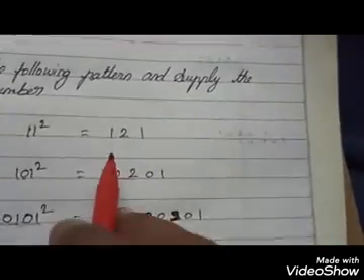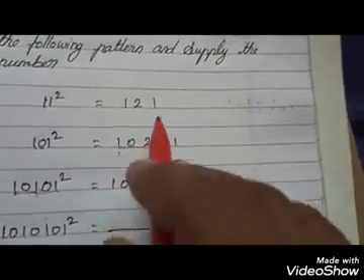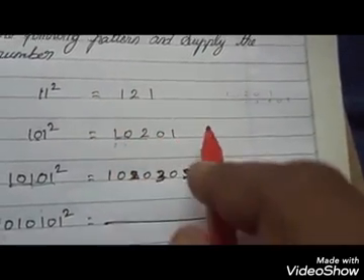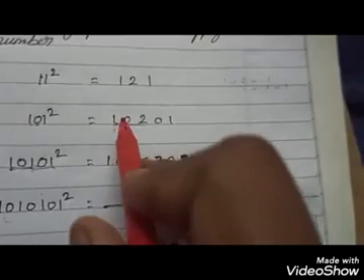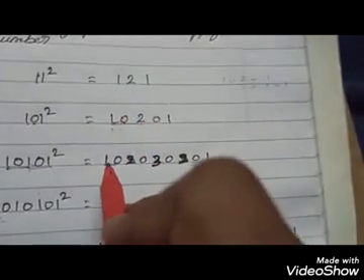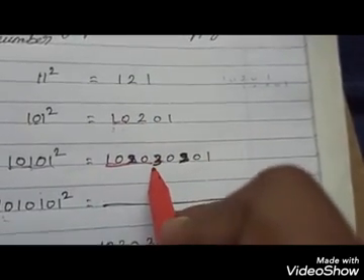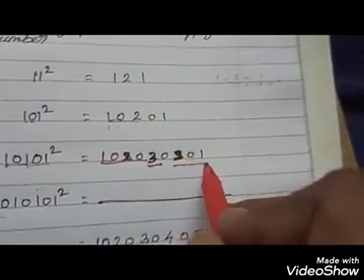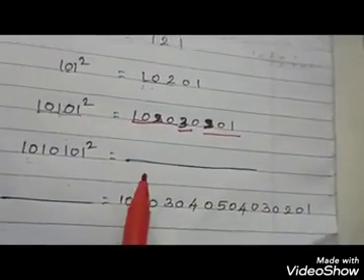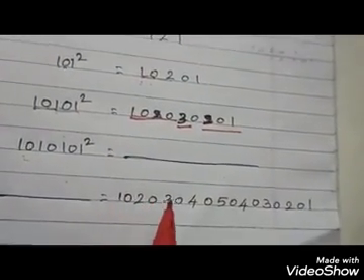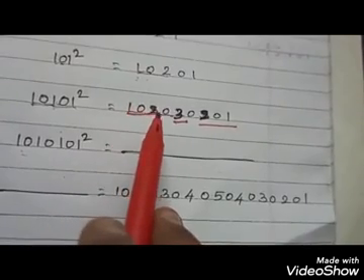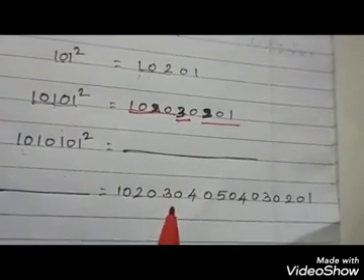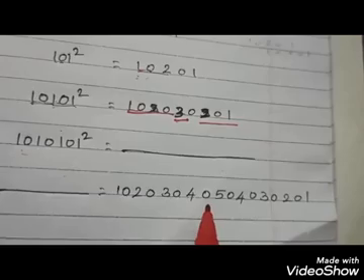Here you have to see 1 2 1, 1 0 2 0 1. The same way here 1 0 2 0 continues but after it becomes 3 0. Again 2 0 1 it ended. The same way we continue: you see the last pattern 1 0 2 0 3 0, and 4 0 is also there.